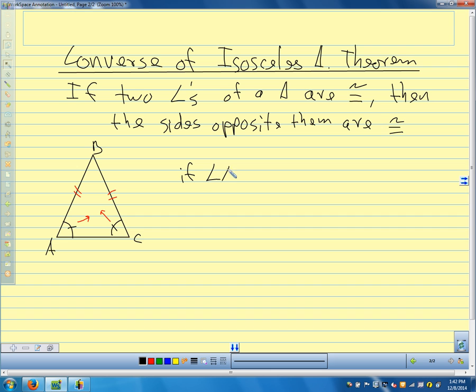The angle A is congruent to angle C. Then segment AB is congruent to segment BC. All right, so questions on our main theorem today.